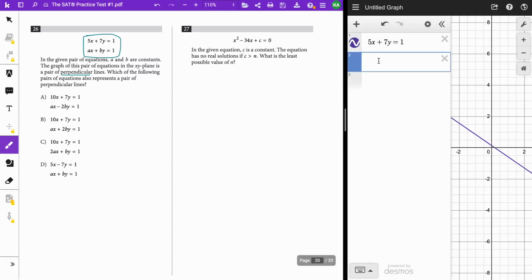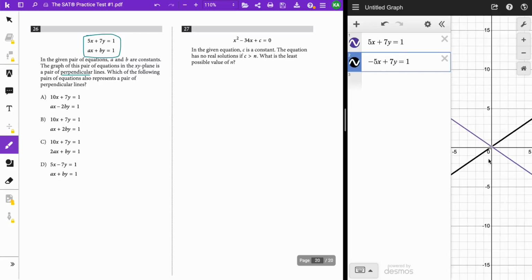Well, let's play around with some numbers. If we remember from learning about parallel, perpendicular lines have opposite reciprocal slopes. And so it turns out that the coefficients for this next equation, a and b, are going to be some variation of 5 and 7. So let's just play around with it and see. What if we try negative 5x plus 7y equals 1?